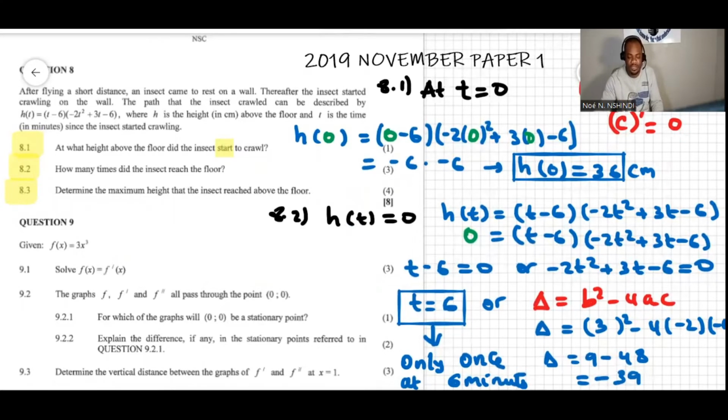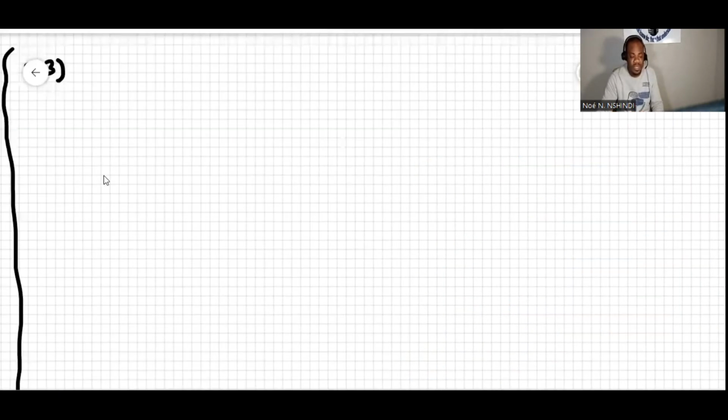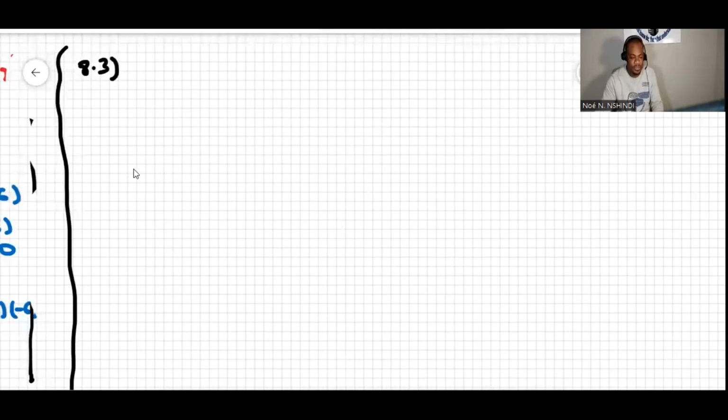I'm going to do it here. The maximum height means we're looking for h max. Now, h max is obtained by setting the derivative of the function equal to 0.